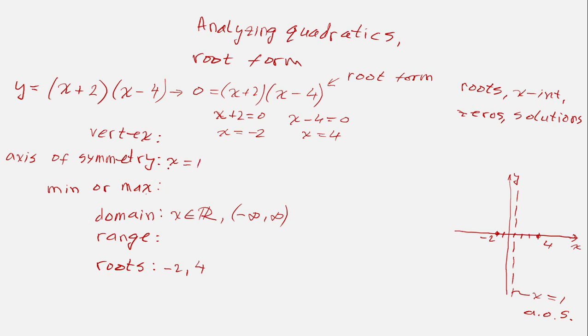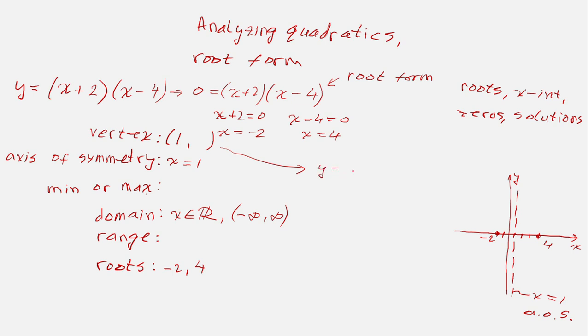So let's write it down here, x equal to 1. And if we know the axis of symmetry, we know the x of the vertex, because the axis of symmetry is going to go through the vertex. So we know that the x coordinate of the vertex is 1. Now to find the y coordinate of the vertex, all we need to do is take this 1 and plug it into our equation. So take 1 and replace x with it.